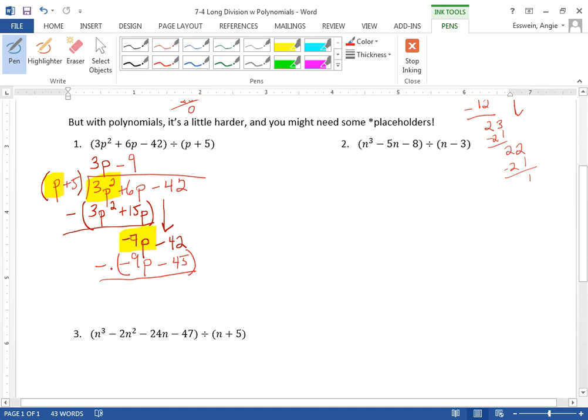Here we have negative 42. Is it plus or minus 45? It's plus 45. So we get 3, okay? So we subtracted, and do we have anything to copy? No, so we're done. Our remainder is 3, so our final answer is 3p minus 9 plus 3 over p plus 5.